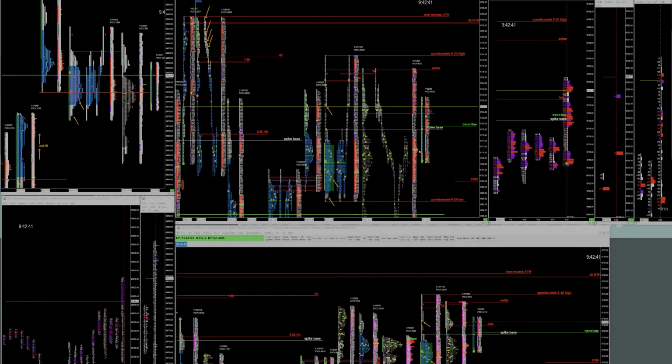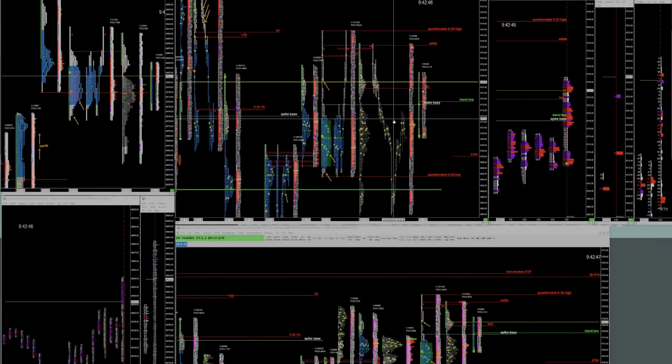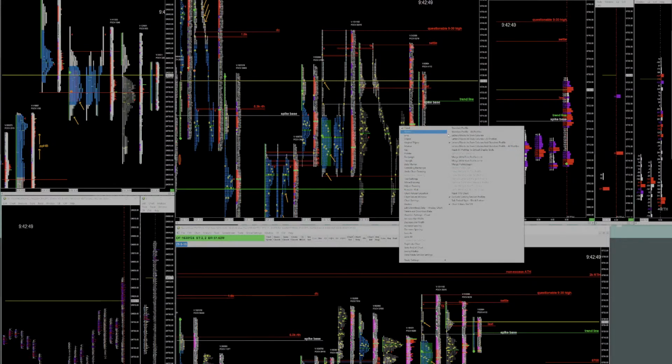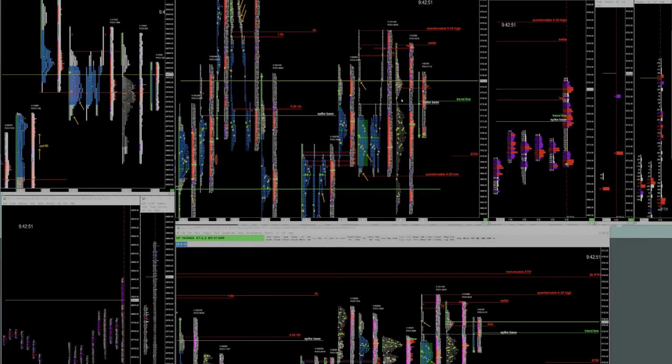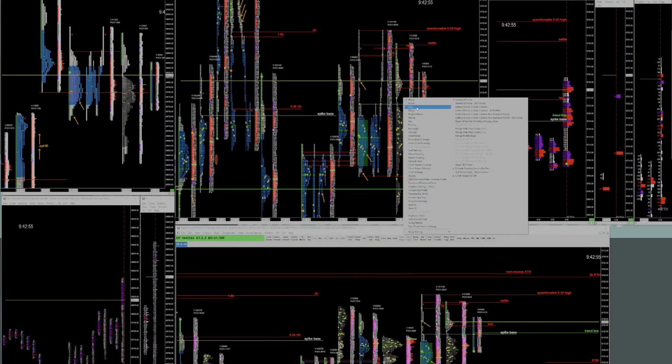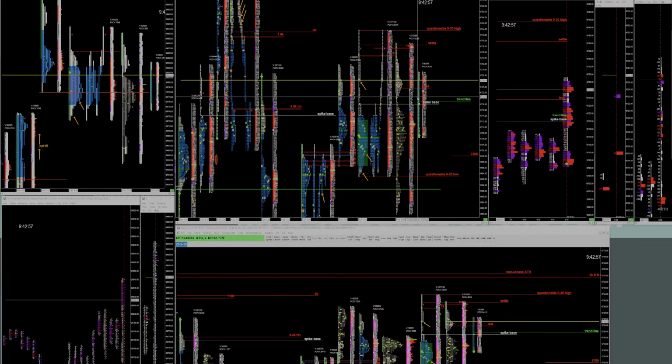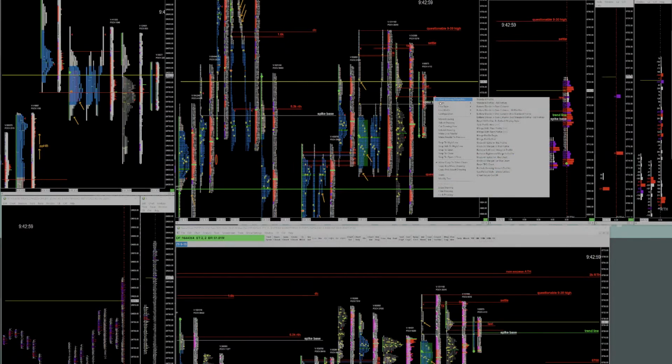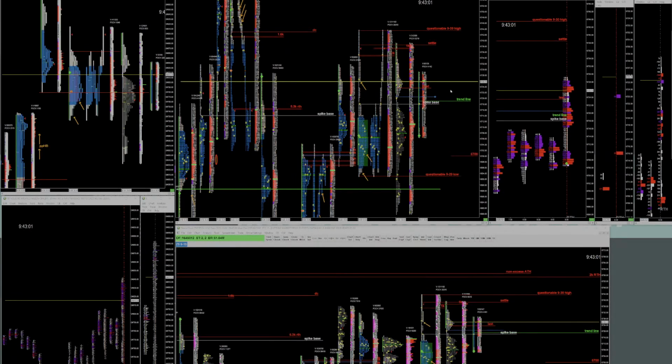Now, as the market opened, one of the first things, okay, let me close this profile, and I will see. I didn't mark this, but this was the overnight distribution being closed.